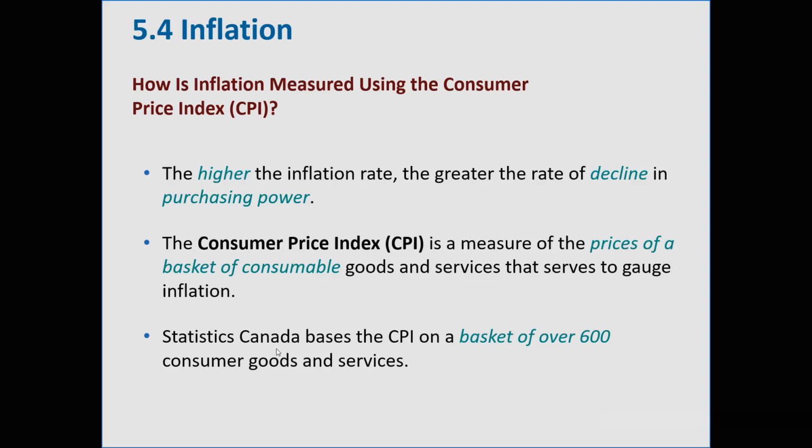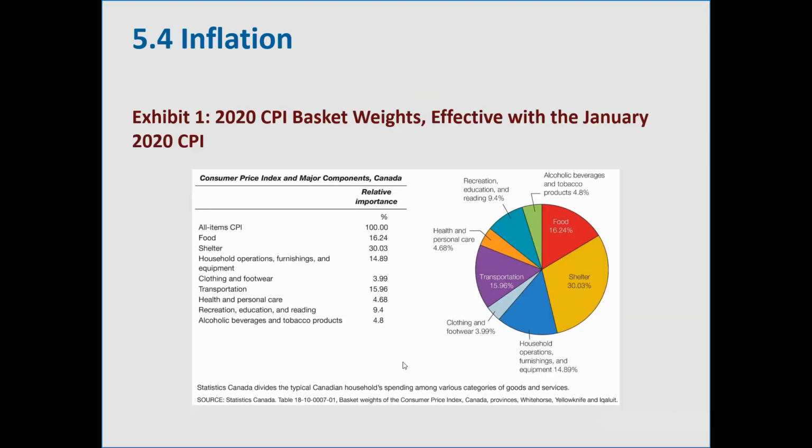So Statistics Canada bases the CPI on a basket of over 600 consumer goods and services. Of course, they have different weights. So here you just have some of them. For example, food item, the weight is 16%, shelter is 30%, and so on and so forth.